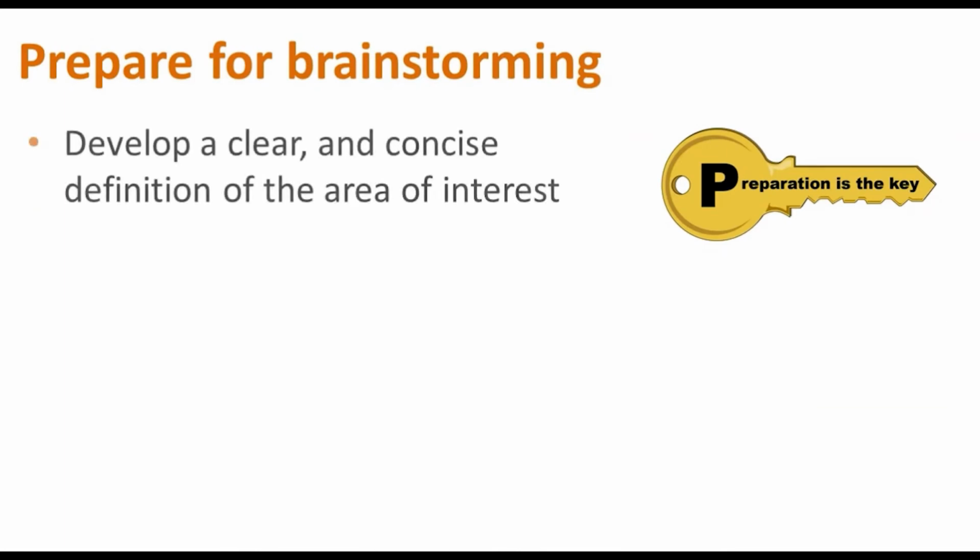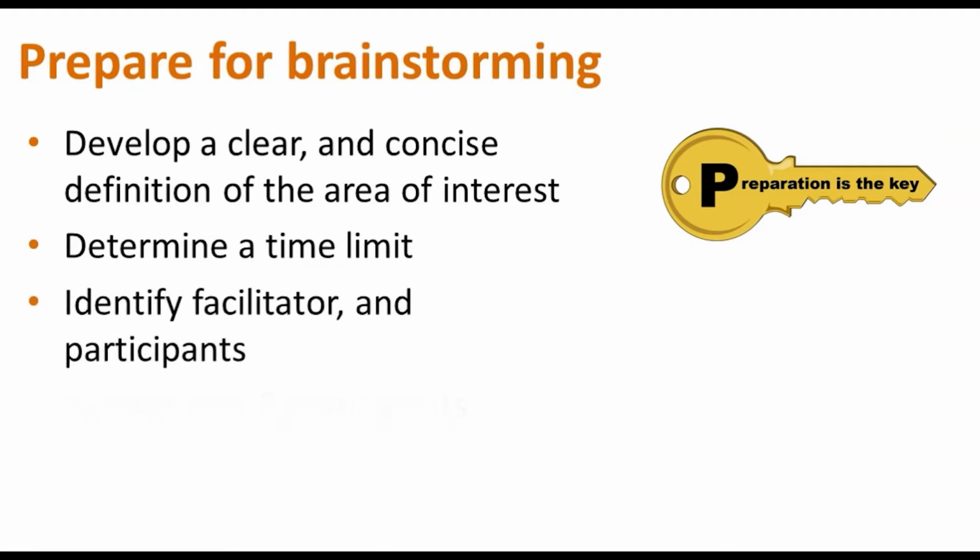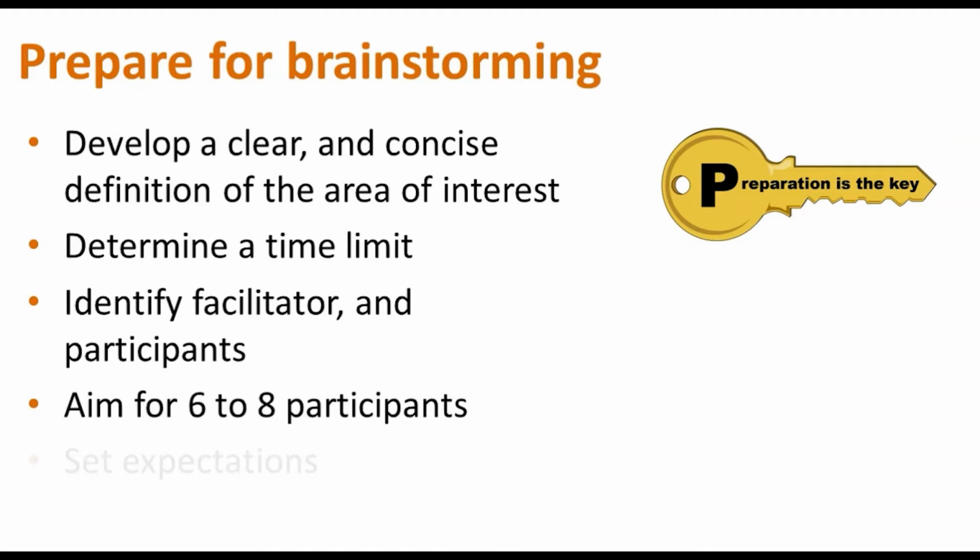So what are the steps for brainstorming? First, prepare for brainstorming. Develop a clear and concise definition of the area of interest. Determine a time limit for which you are going to do brainstorming. Identify a facilitator and the participants. Aim for 6 to 8 participants. We usually don't have a very big group for brainstorming because it may become very difficult to manage a large group.